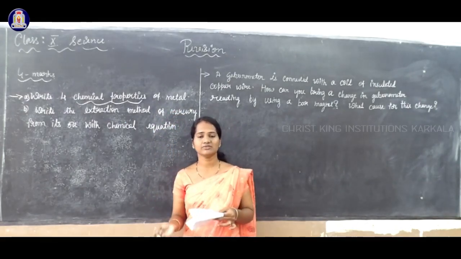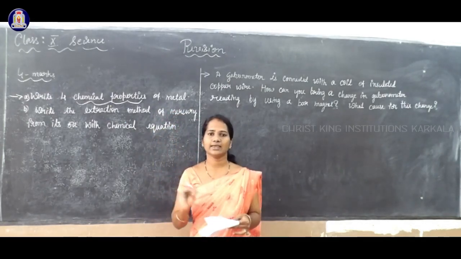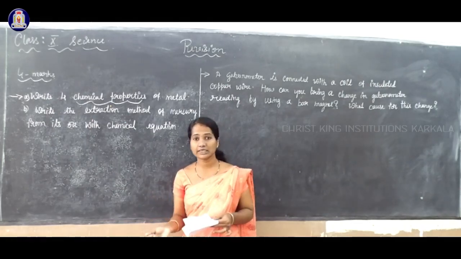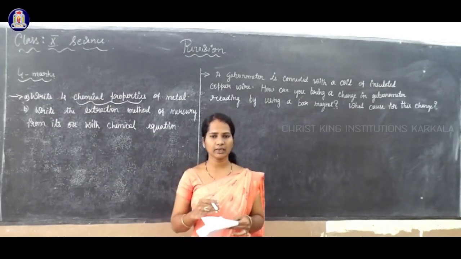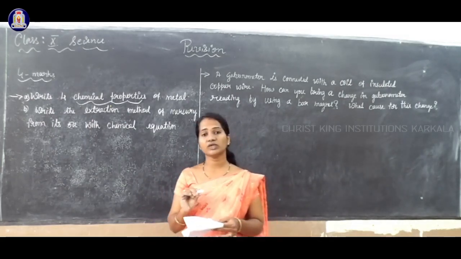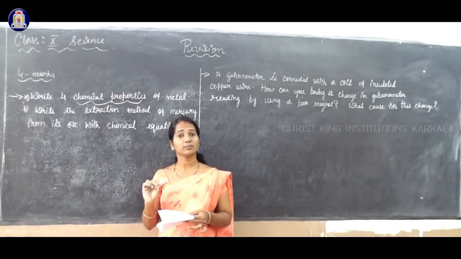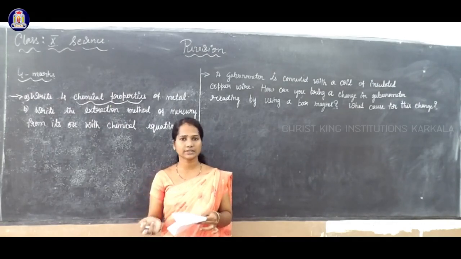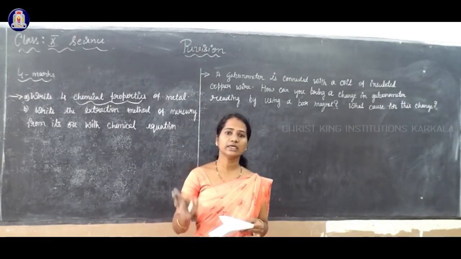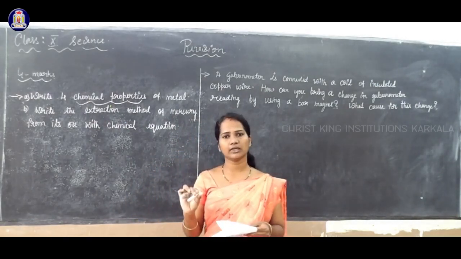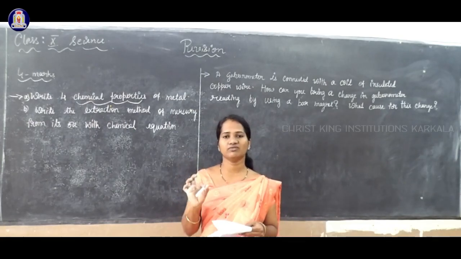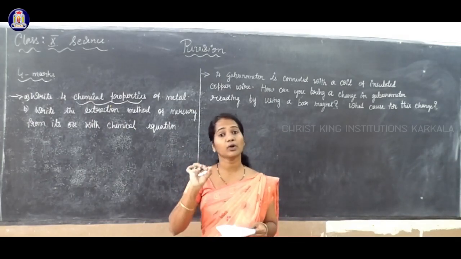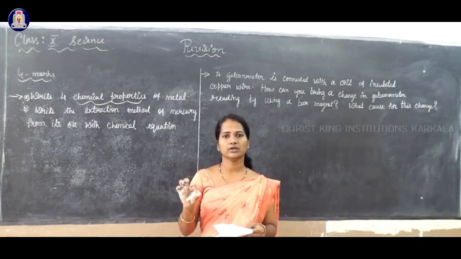If it is asked for the non-metals, you have to write second column properties. It may be physical properties or it may be chemical properties. Suppose if the question is asked, mention the properties of metal, then you can combine physical as well as chemical properties, not only physical properties or chemical properties.